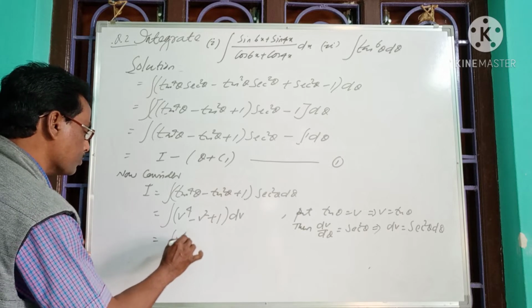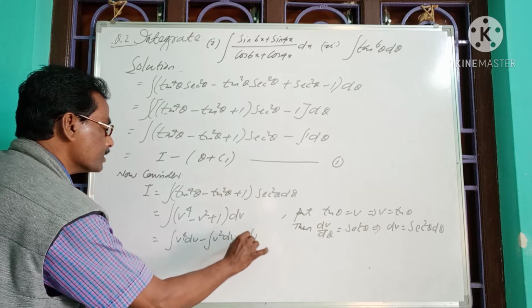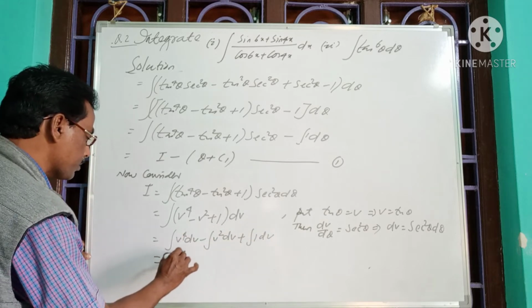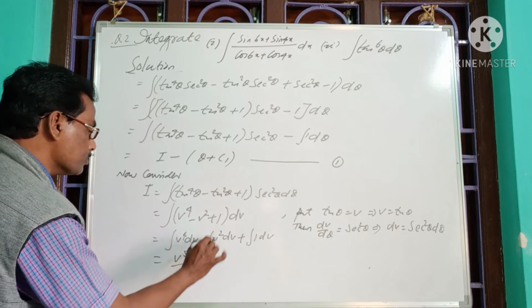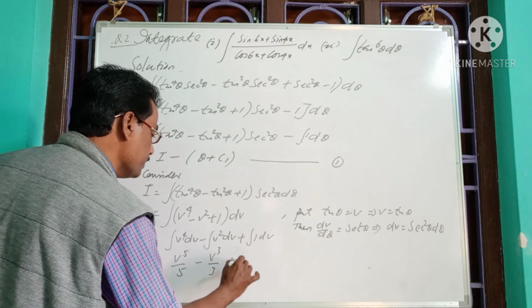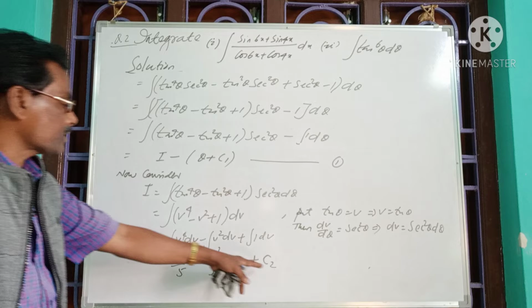integration of v^4 with respect to v minus integration of v^2 with respect to v plus integration of 1 with respect to v. So integrating, it will give us v^5 by 5 minus v^3 by 3 plus v plus c2, the constant of integration.